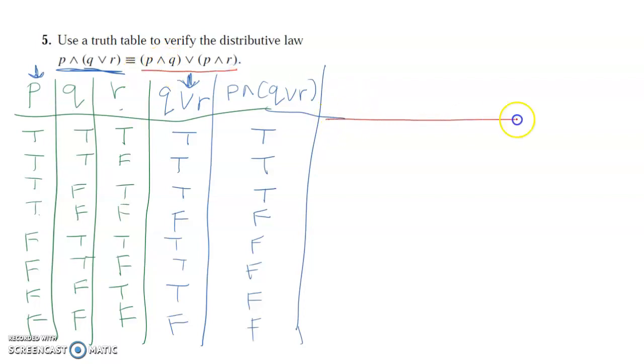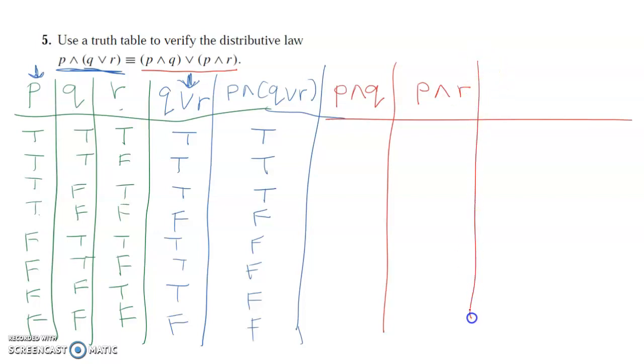You will continue with this table, and your first job is going to be P and Q. Fill up this column, and then the second step would be to fill up P and R. And for your last column, you will use these two, conjoined with the OR statement. So you'll have (P and Q) or (P and R).